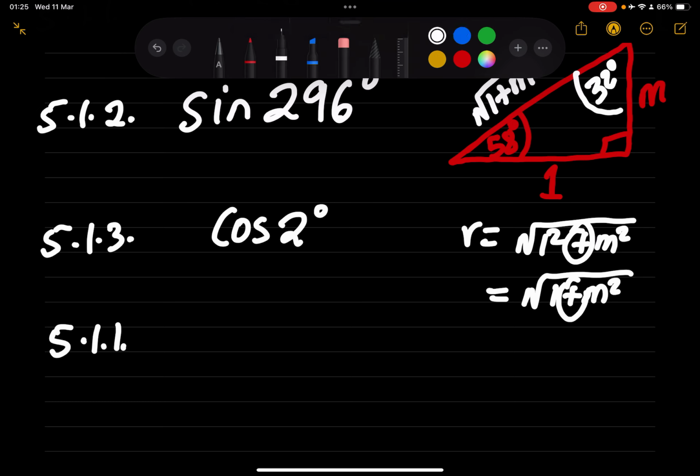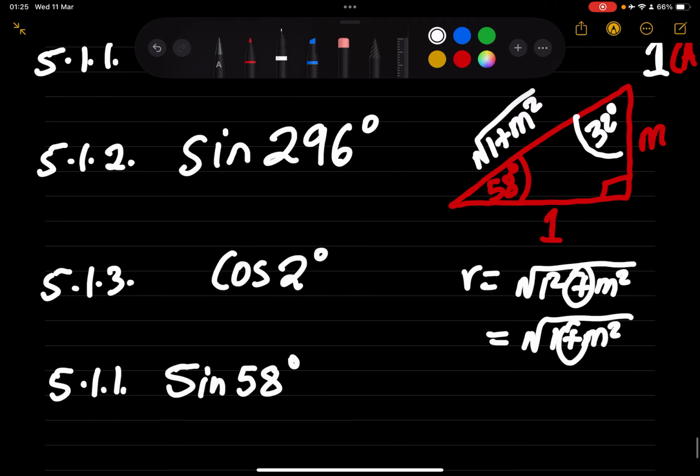They want us to determine the value of sine 58. We know that sine 58 is opposite over hypotenuse. Looking straight at our triangle, the opposite of 58 is m, over the hypotenuse, which is 1 plus m squared, all under the square root. And that is our final answer.